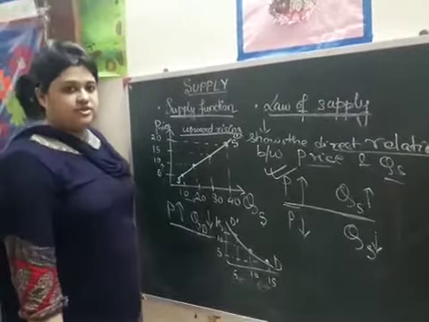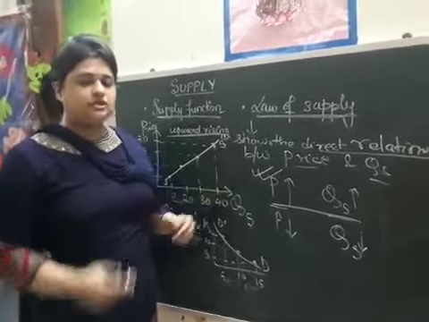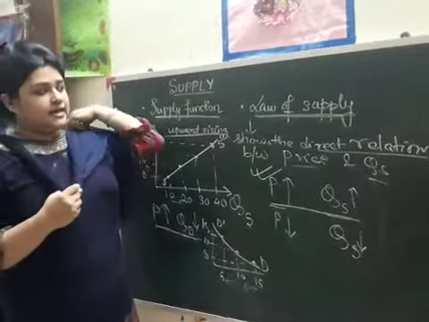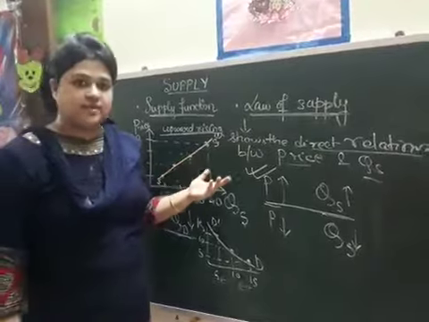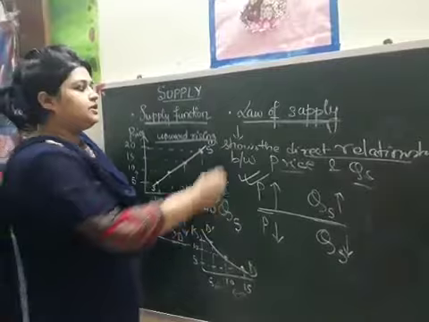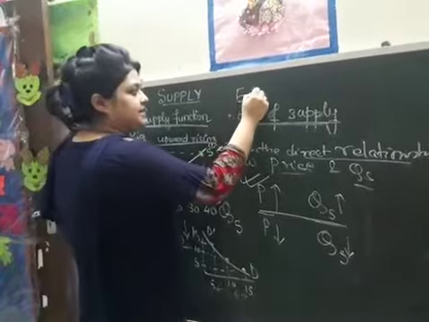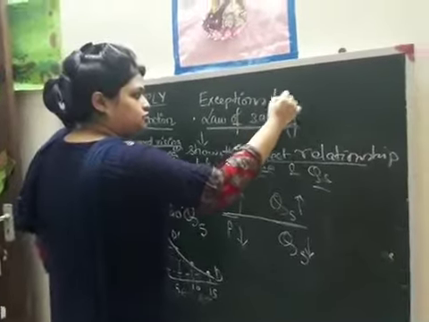It hints at the shape of the supply curve, which is upward rising. Now there is a question: will the supply curve always be upward rising? So the answer is, if the law is followed, then the supply curve is always upward rising. There is no doubt in it. But there are situations, we call them exceptions to the law of supply.